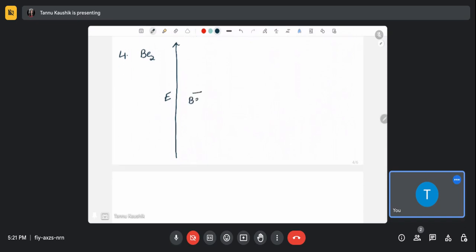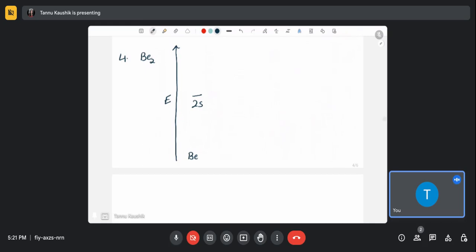so here, if we take only the valence shell, beryllium has 1s2, 2s2 electronic configuration.